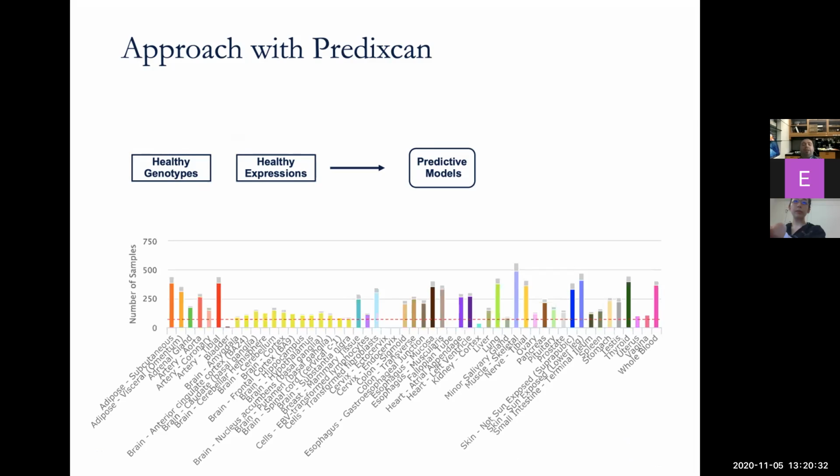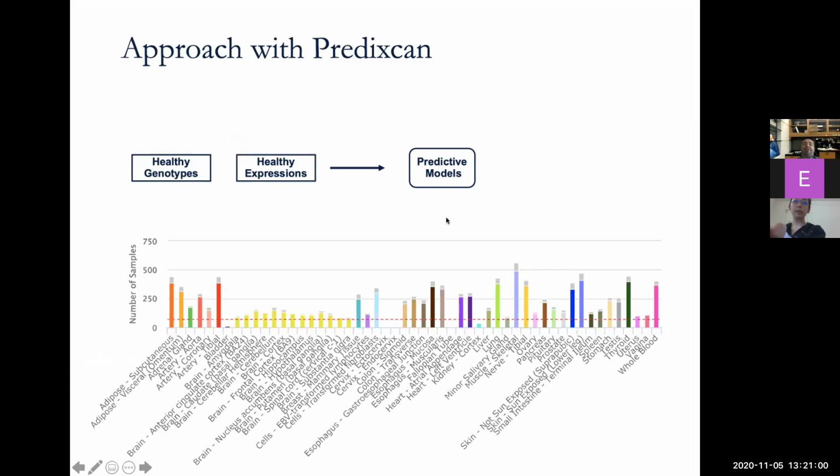To do this, we use the Genotype-Tissue Expression cohort, or GTEx. Maybe Eric has mentioned that. It's a consortium where they measure genetic and RNA information for about 50 different tissues in control individuals.